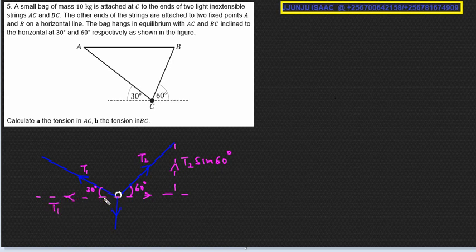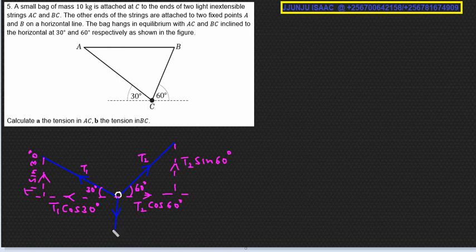The adjacent of this angle is going to be T1 cos 30 degrees. But the adjacent of this is going to be T2 cos 60 degrees. Opposite is sine. Then the opposite of this angle, if we get the component of T1 vertically, it will be T1 sine 30 degrees.